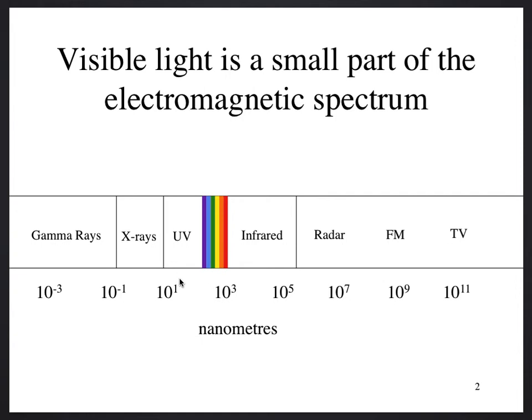So visible light is a small part of the electromagnetic spectrum. Now I find it very hard to get my head around this, that the stuff that I see is the same kind of stuff that's coming out of the 96 FM tower and the same kind of stuff that my phone is using to communicate.